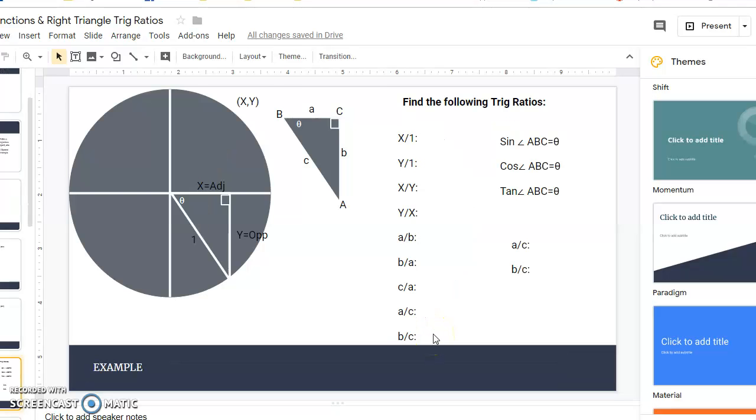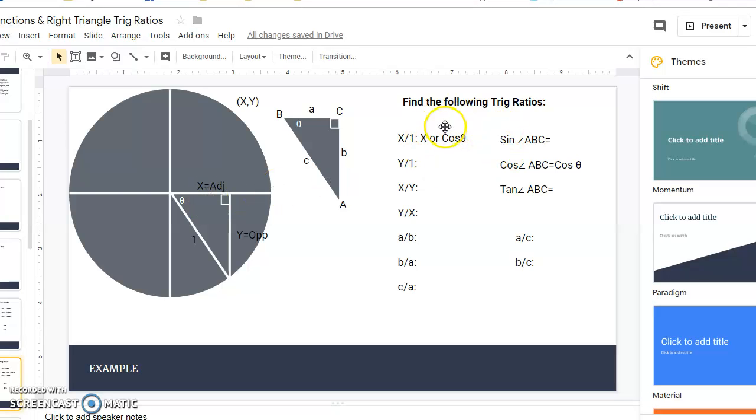So now we will find the following trig ratios. First we are going to look right here. So x over 1. Anything over 1 is that value. So in this case, x over 1 is adjacent over 1, or just x. And remember, when we're talking about the ordered pair, x is cosine. So we can just write cosine here.